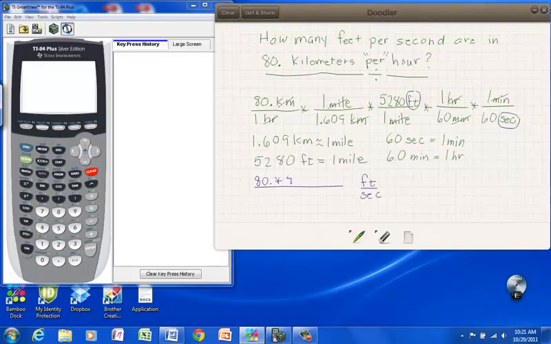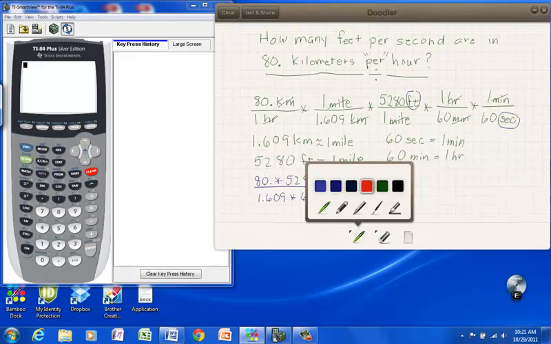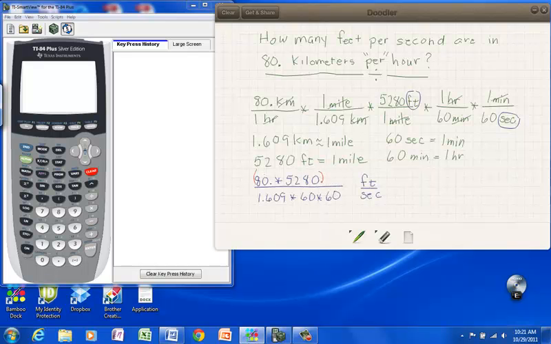80 times, I'm ignoring all the ones, okay. One last step. I like to put my grouping symbols on paper so that I don't forget when I get to my calculator.